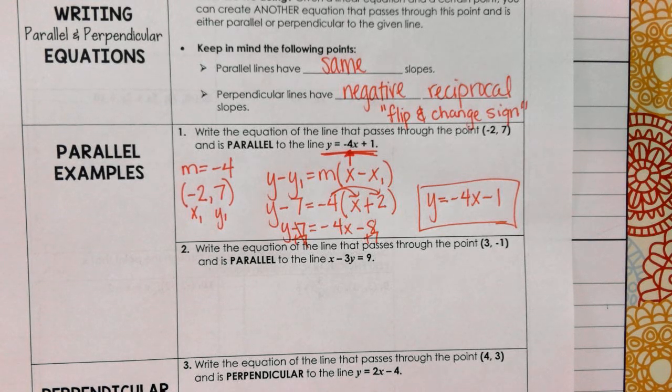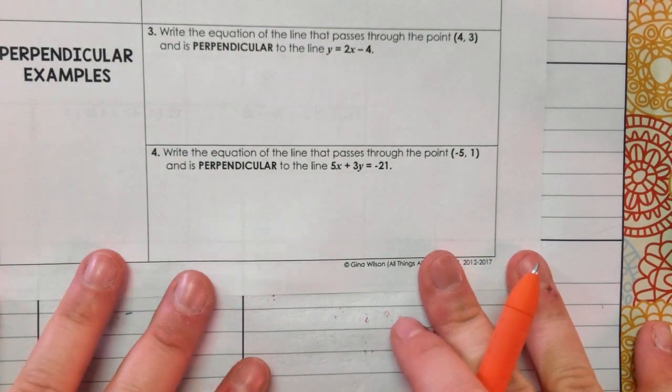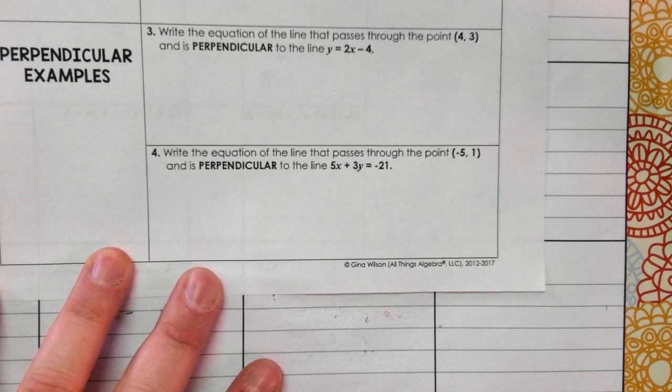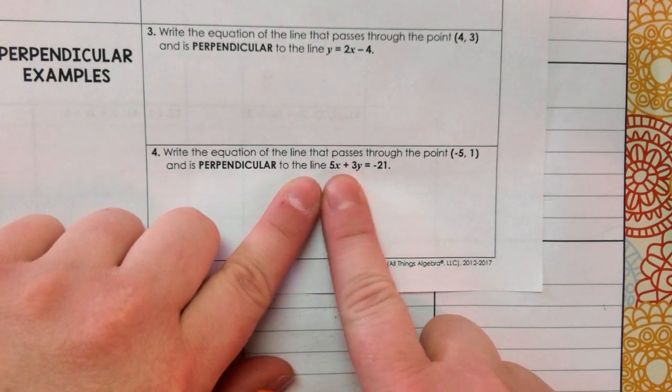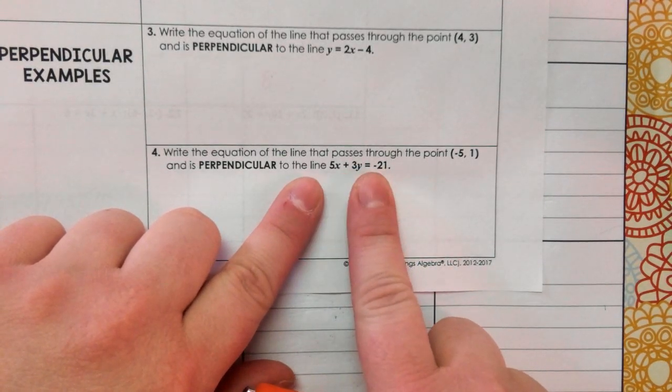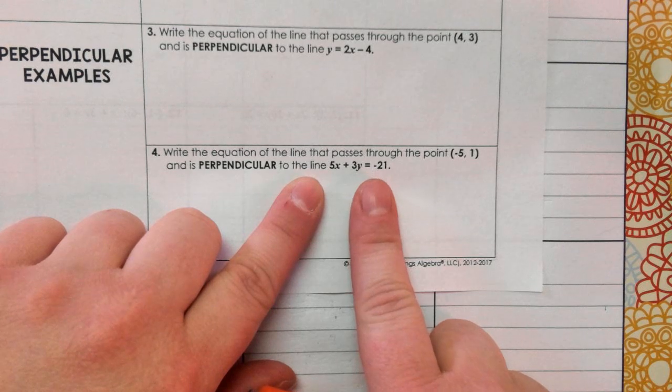Oh, we got to do perpendicular. Alright. So now, perpendicular. Let's do number 4, because it's not in y equals. So there's an extra step in there. I don't know my slope just yet of this line, so I have to rearrange it. Get it into y equals.